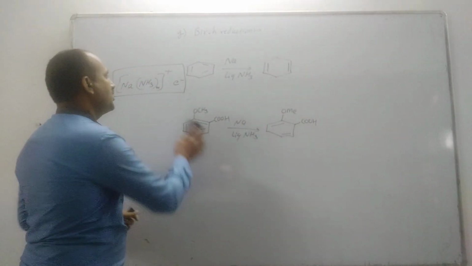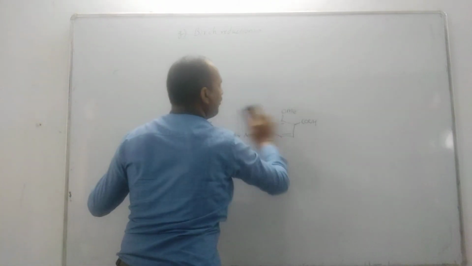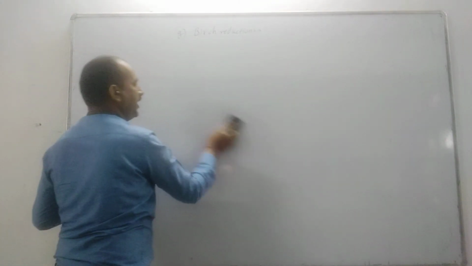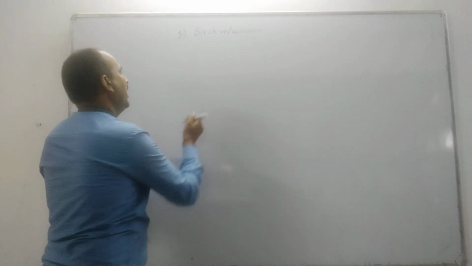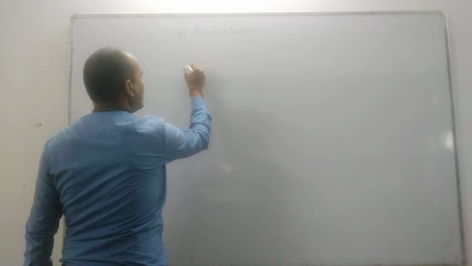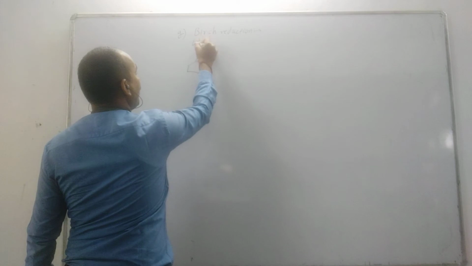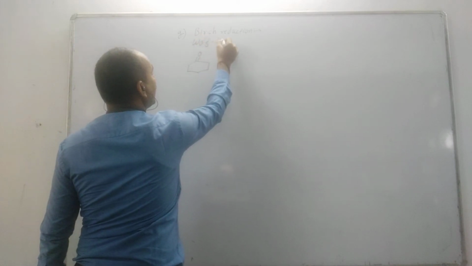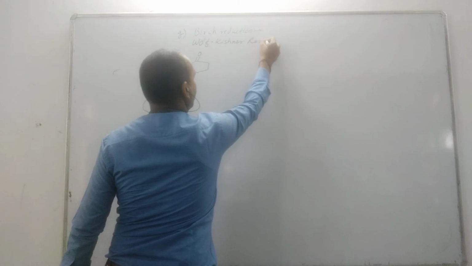Now in the Wolf-Kishner reduction reaction, the carbonyl group gets reduced to a hydrocarbon by using hydrazine in alkaline conditions. So let's see the example. Next reaction is Wolf-Kishner reduction.